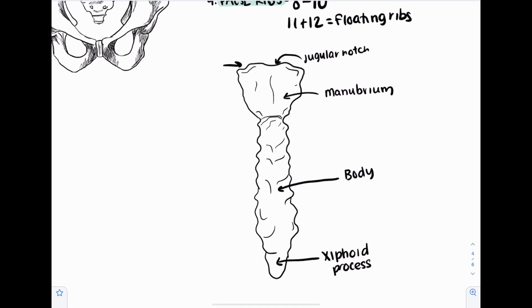And right here on the edge is the clavicular notch, where the clavicle meets the manubrium. Right here, that's the sternal angle. And you can see all of these areas right here are where those costal cartilages join onto the sternum.